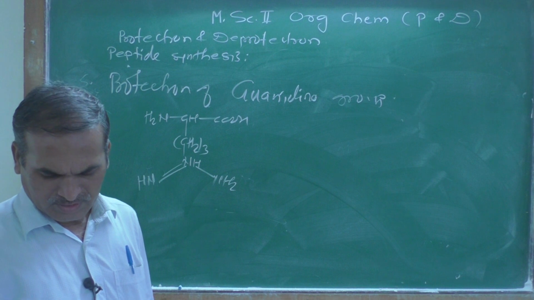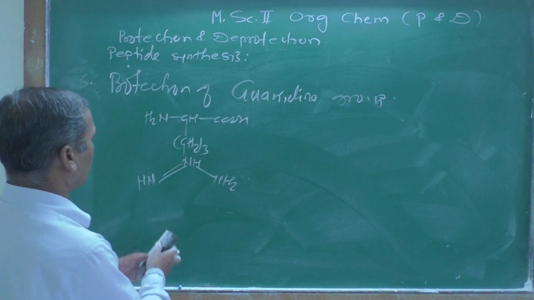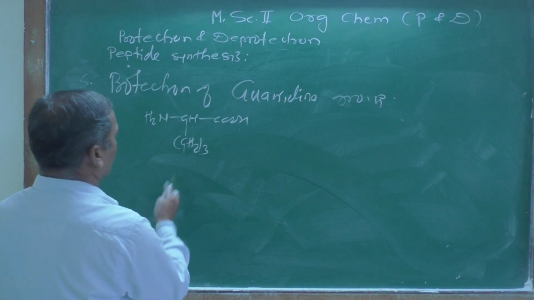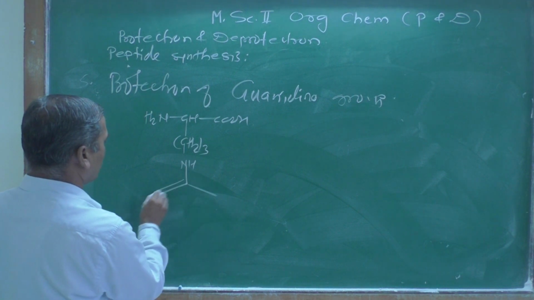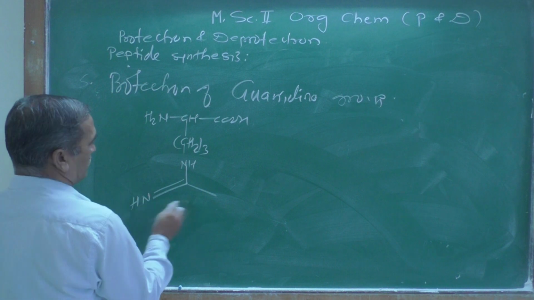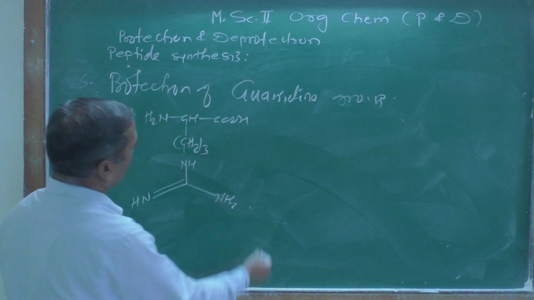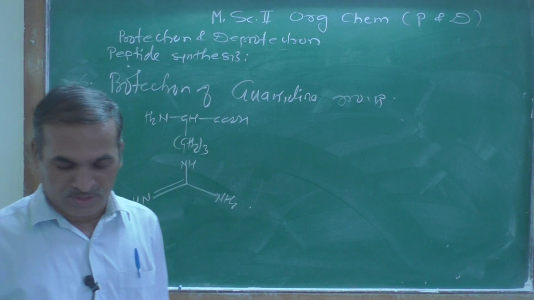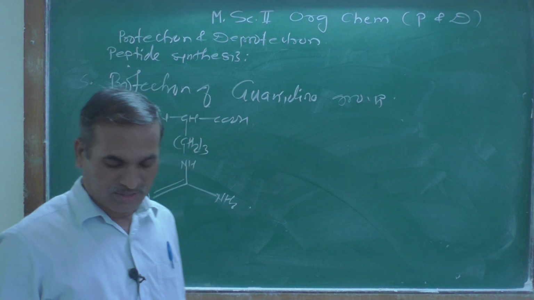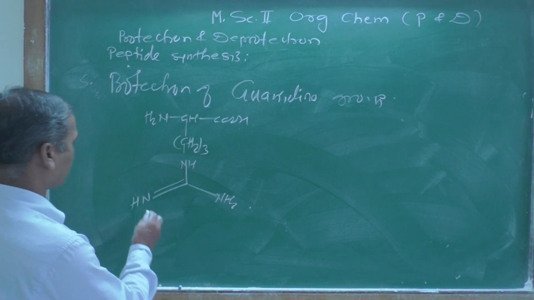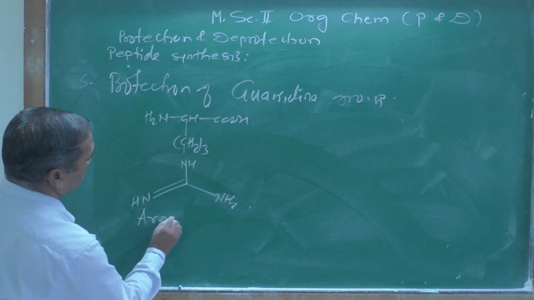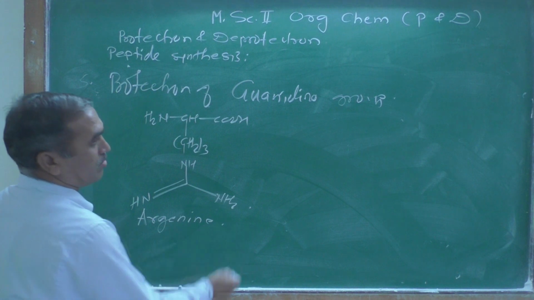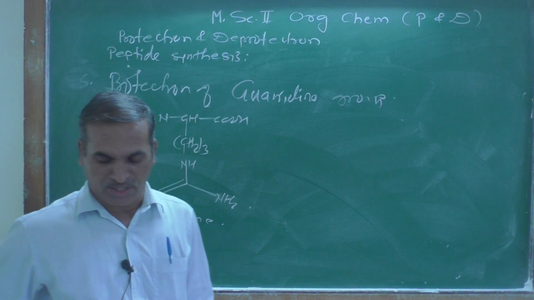Sorry, there is something wrong here: NH, then this one HN, then NH2, the guanidino group. This type of group is called a guanidino group, and this is the structure of arginine, which is one of the amino acids that is basic in nature.